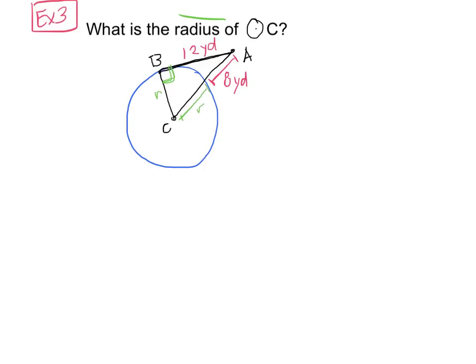So what we're going to actually do here is we're going to look at this triangle. I'm going to draw it outside of the circle so we can really see the measurements. So here's the radius. This is 12. And what is this whole length? It's not r, it's not 8, it's r plus 8.